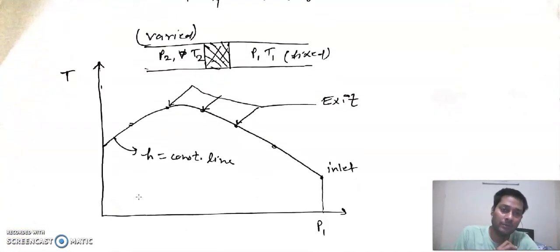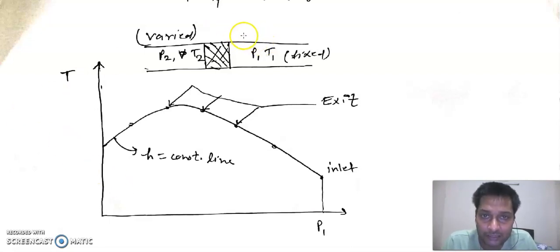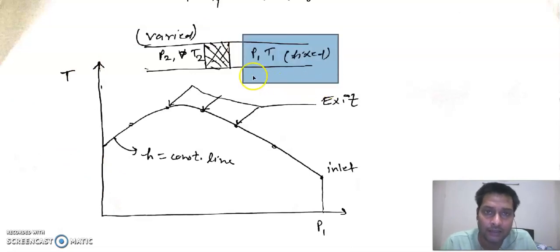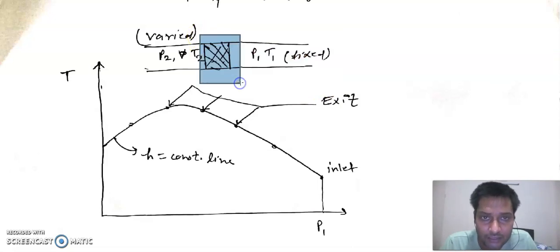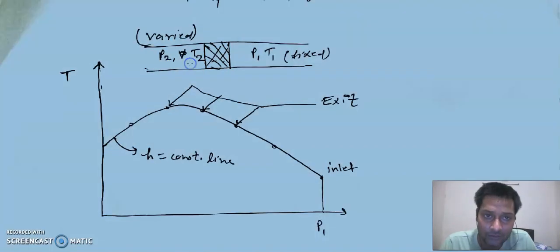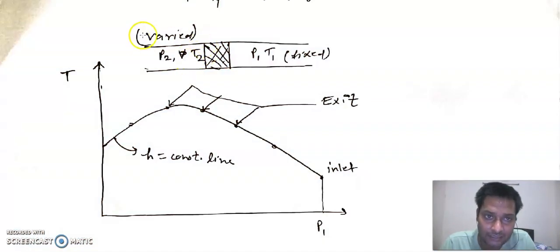Now if we plot this in a T-P diagram, let's assume we have a fluid at pressure P1 and temperature T1, and this fluid passes through a throttling device, and the exit fluid has pressure and temperature P2 and T2.